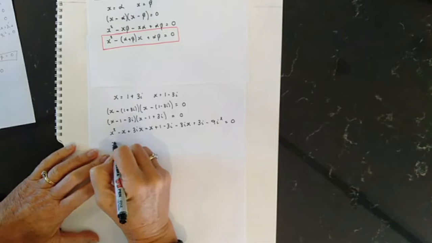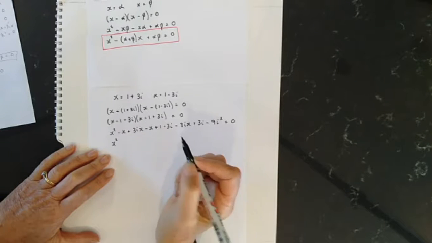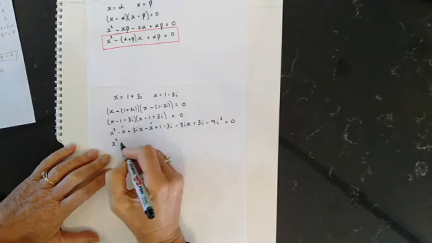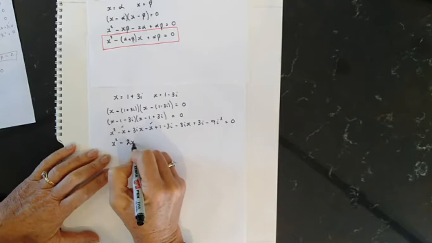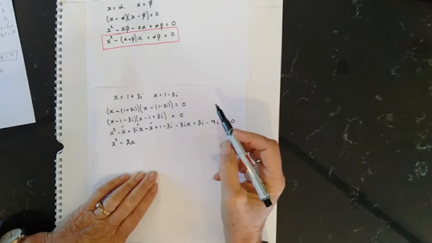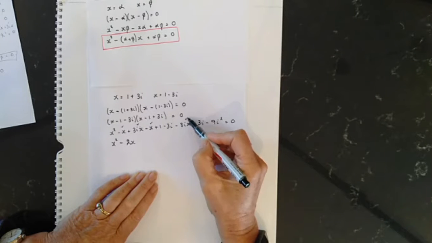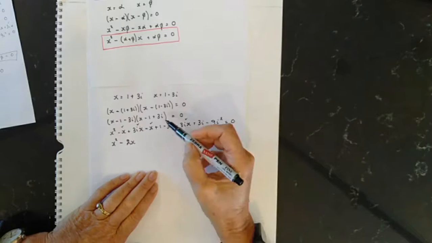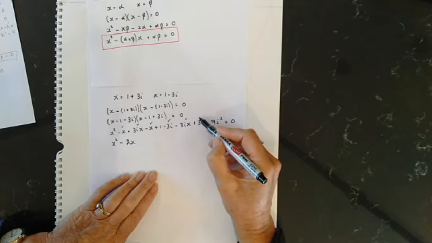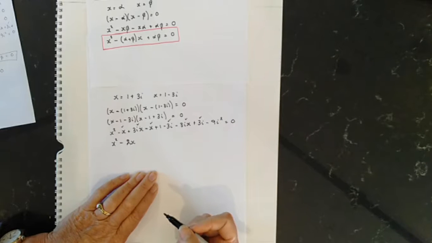We've got an x squared. The minus x and the minus x makes a minus 2x. The 3ix and the minus 3ix cancel out. The minus 3i and the plus 3i cancel out.